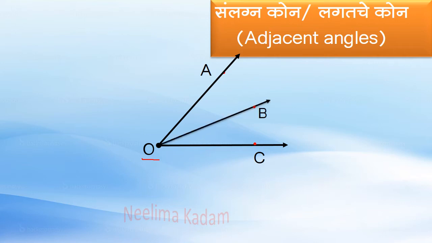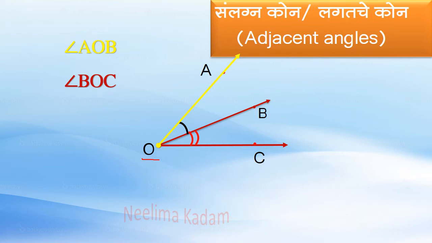Now I have taken one more ray, ray OB in between. Now because of this ray OB, we are getting two angles. So see here, this is angle AOB, right? And another angle we are getting, that is angle BOC.